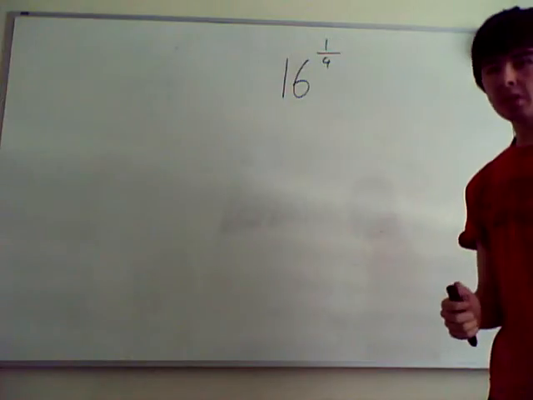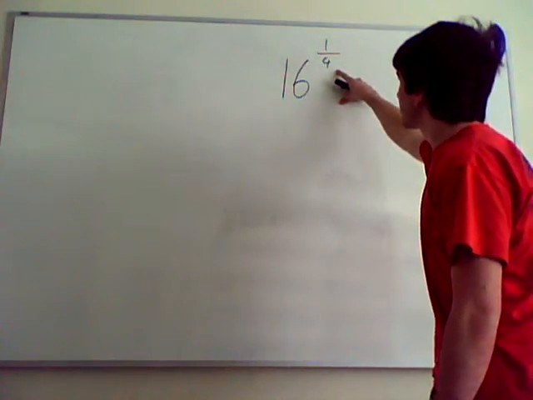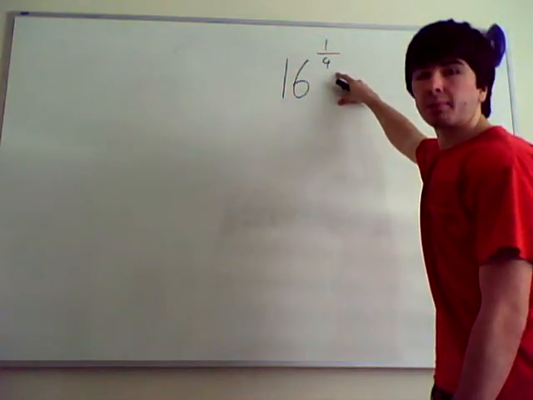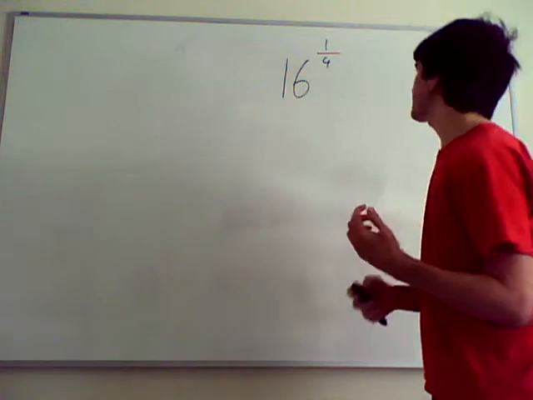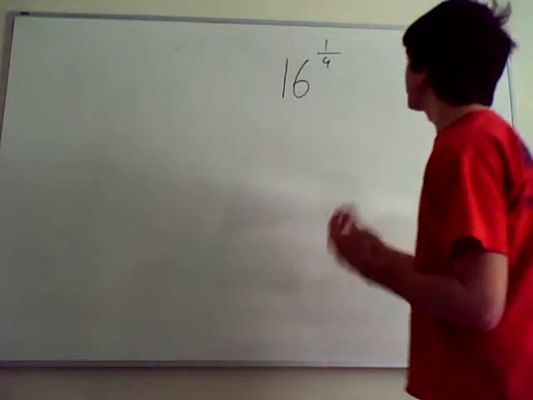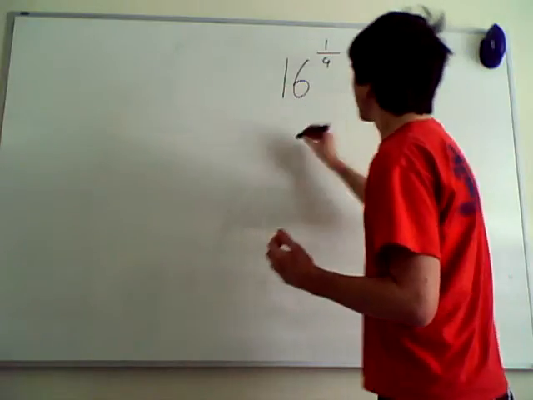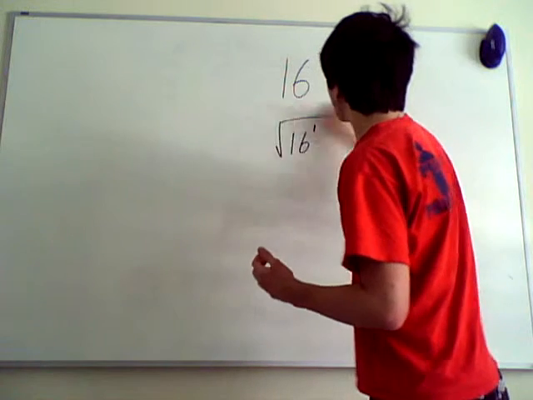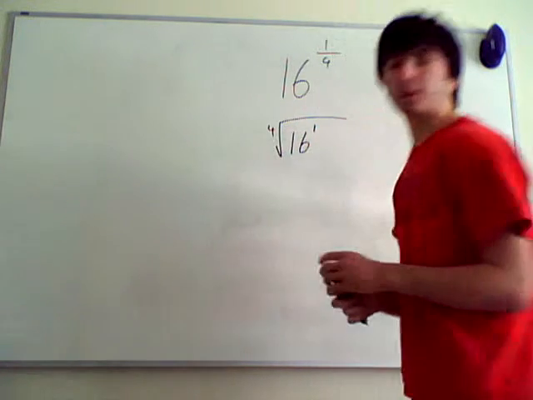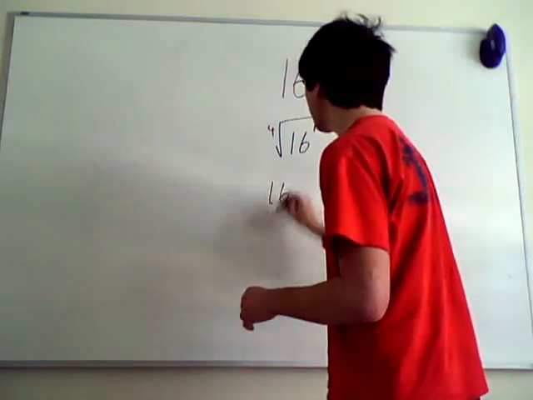So, 1 over 4 means, remember what 1 over 4 means. It means the quadruple, this is a bad example, we just did this. It means the quadruple root of 16 because it's in the denominator. Now, 16 to the power of 1 over 4, quadruple rooted. Okay? So therefore, again, you're going to factorize 16.